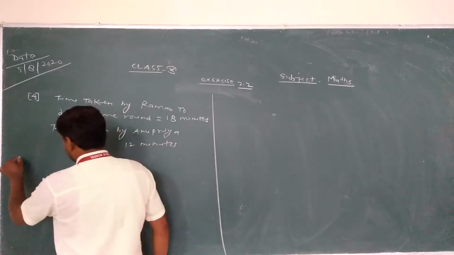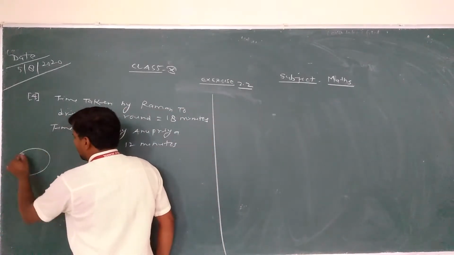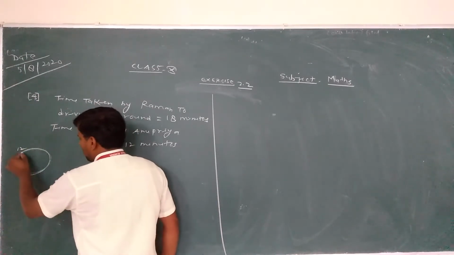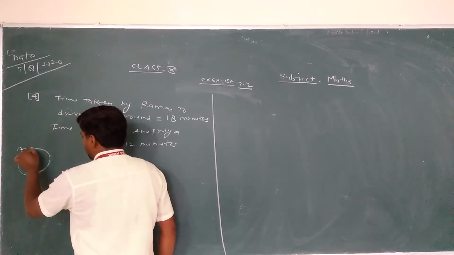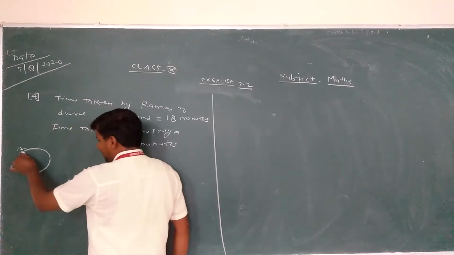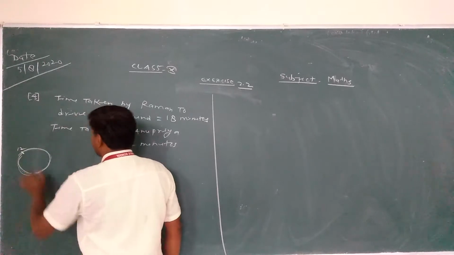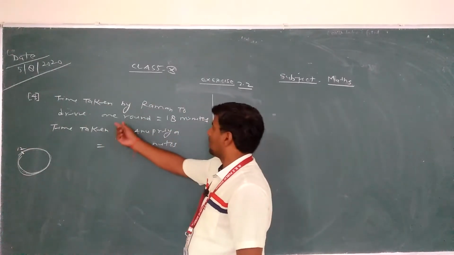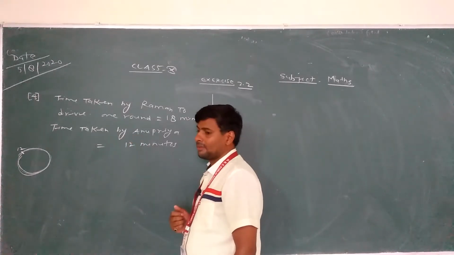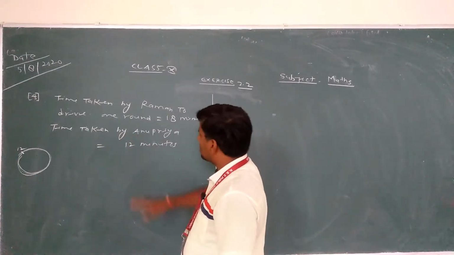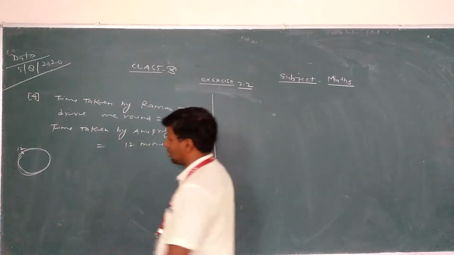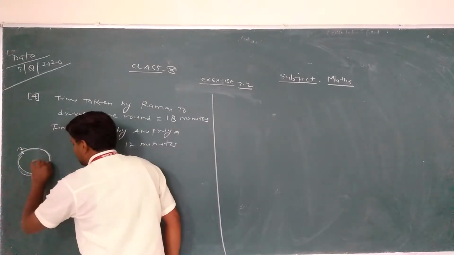For one round, Raman takes 18 minutes and Anupriya takes 12 minutes, so Raman takes 6 minutes more.